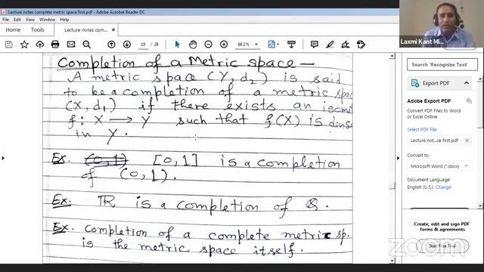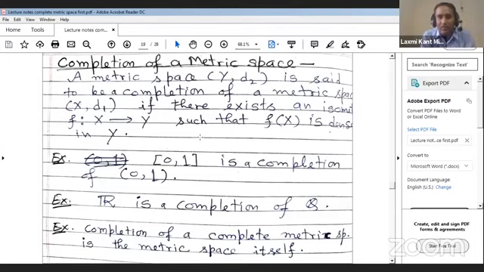And why are we taking a dense subset? We wish to include minimum elements in X so that it becomes complete. And you know what dense is?